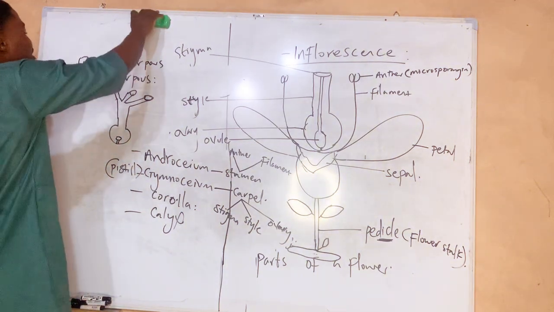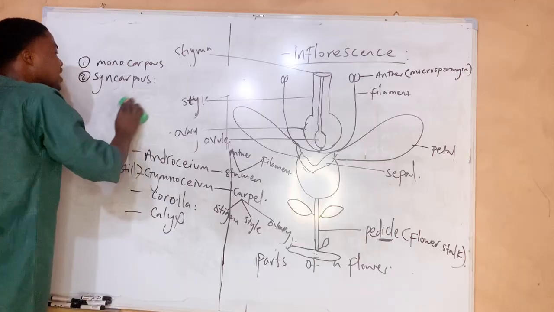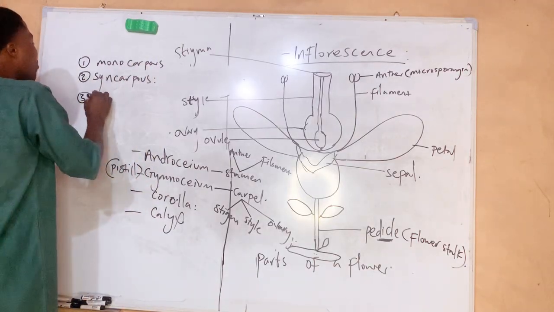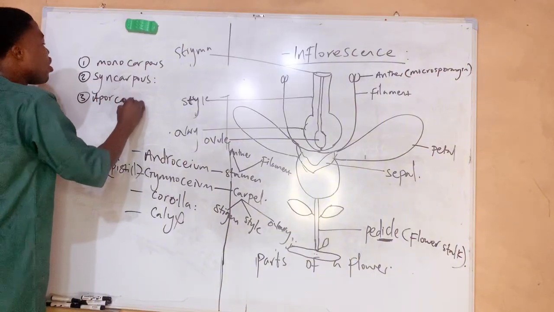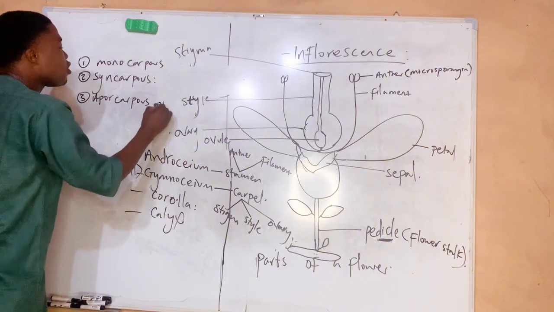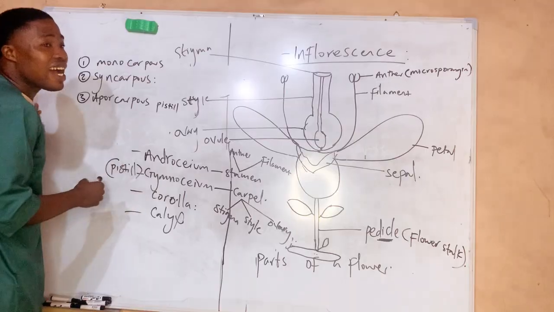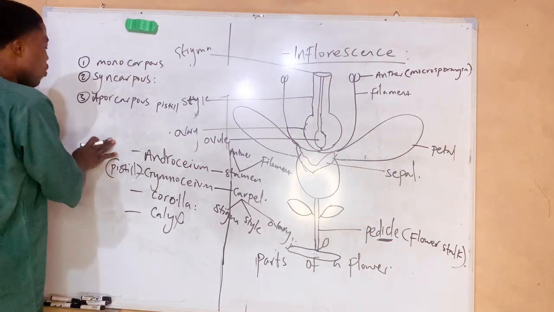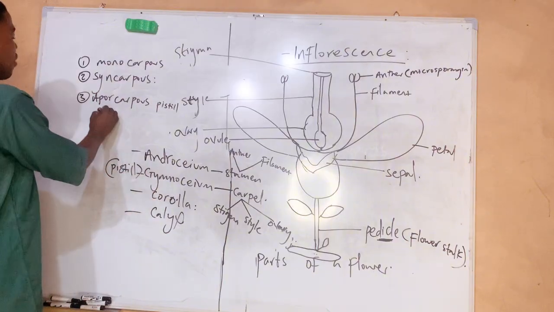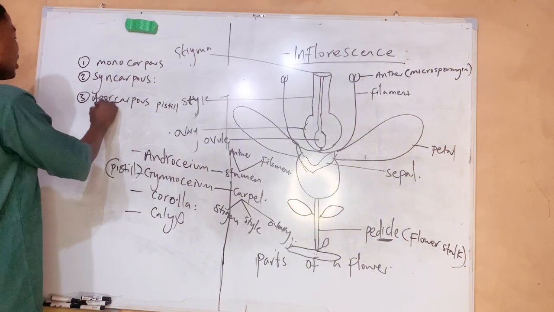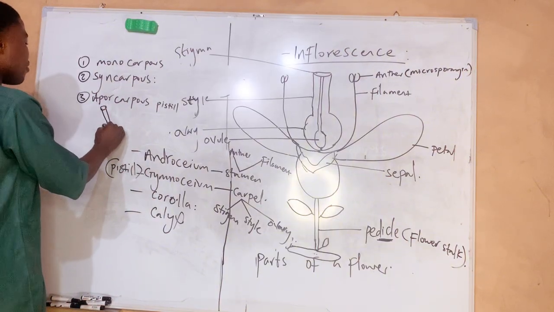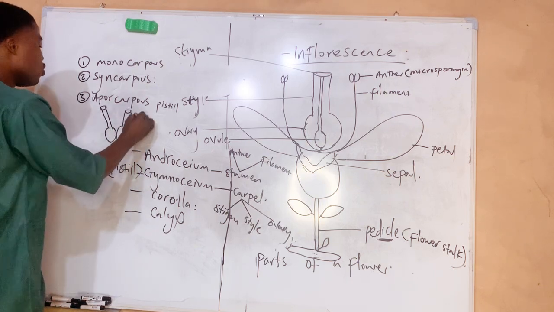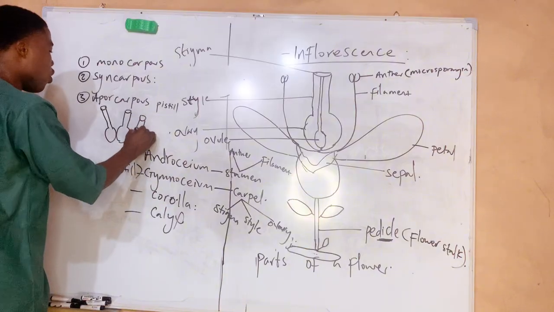Now, this is a classification of pistils based on the number of carpels they can have. The last type is the apocarpous pistil. An apocarpous pistil is usually found on plants that produce aggregate fruits. What does it look like? An apocarpous pistil is a type of pistil that has many carpels that are not fused. So I have many ovary walls.